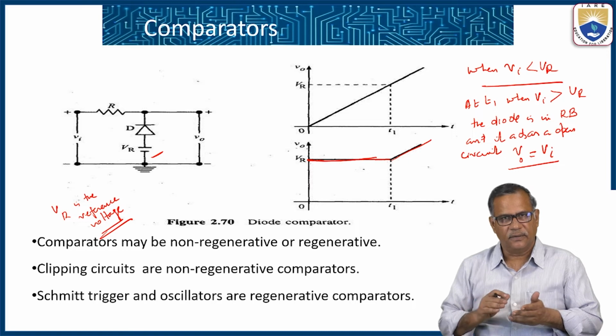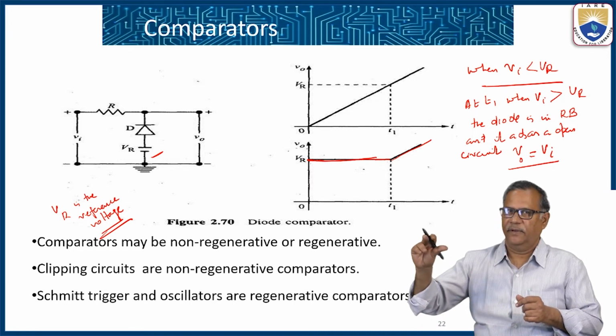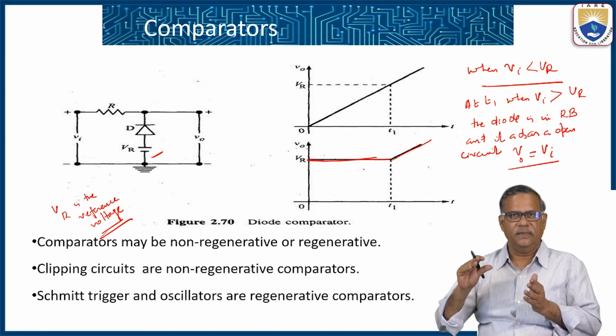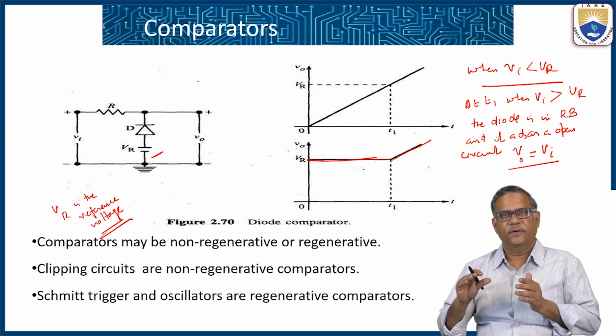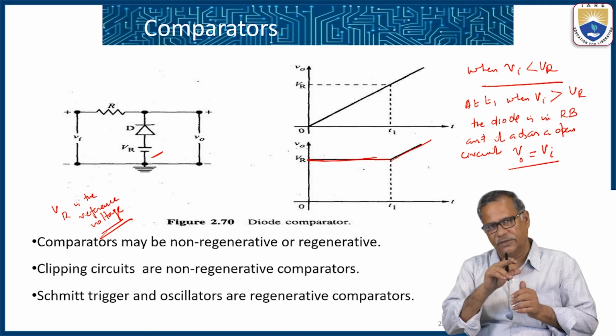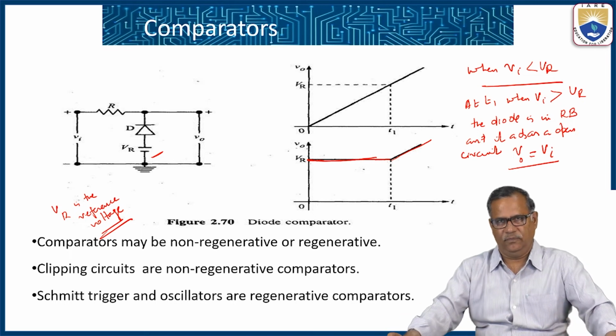We have assumed that the input signal is in ramp format, which is continuously increasing with respect to time, and as long as the input signal is less than the reference voltage, the diode is in forward bias. When the diode is in forward bias, it is simply denoted by a short circuit, and we get the output voltage as VR.